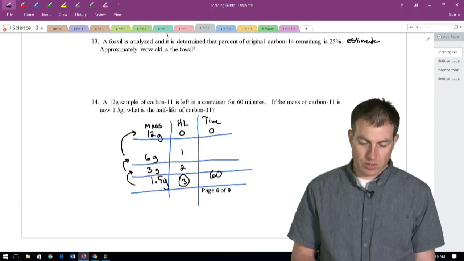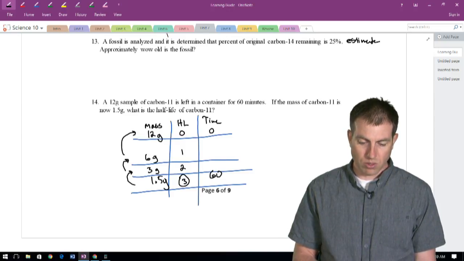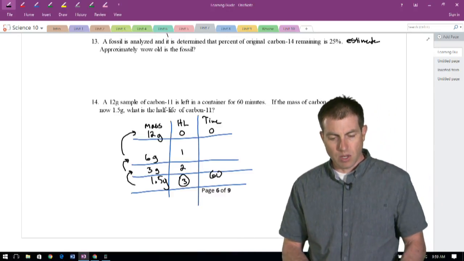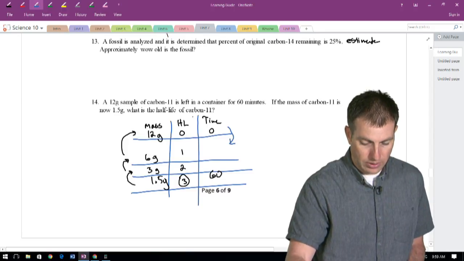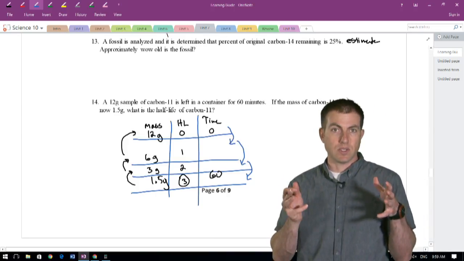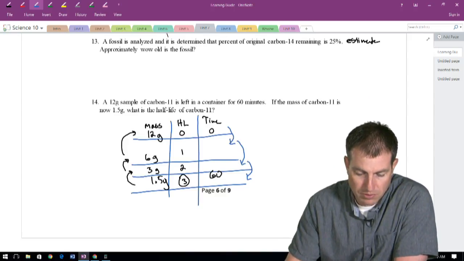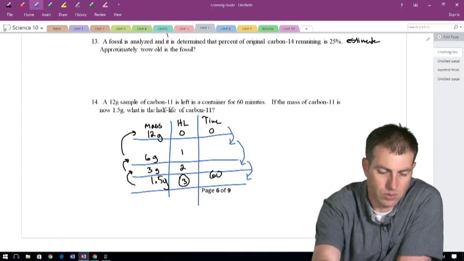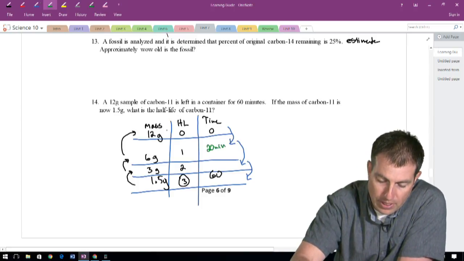The other thing I don't know is the time, how long it takes to go from each step. But I can figure that out because I know that the first step took some amount of time, and then the second step took some amount of time, and then the third step took some amount of time. And each time, the half-life is the same amount of time. So if the half-life was 20 minutes, which you can deduce, and then I have another half-life, another 20 minutes, so I'm at 40 minutes.